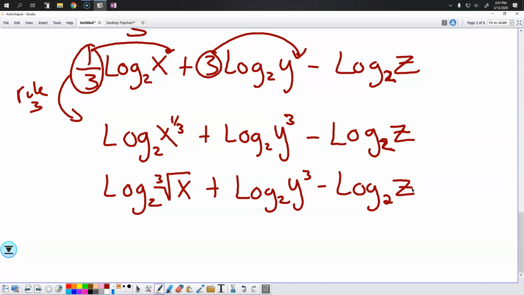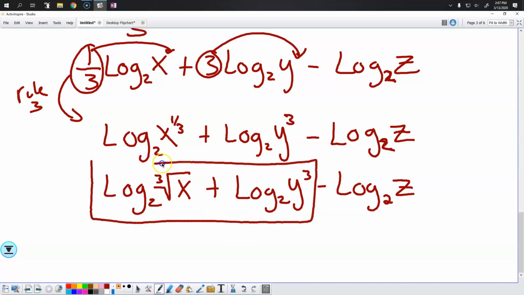You can put the y. No, you can't. So remember, my goal is to get just one log, right? I've got 3. What do you got, Mike? Can you add the y cubed? We're going to combine these two. So how would I put these two together?